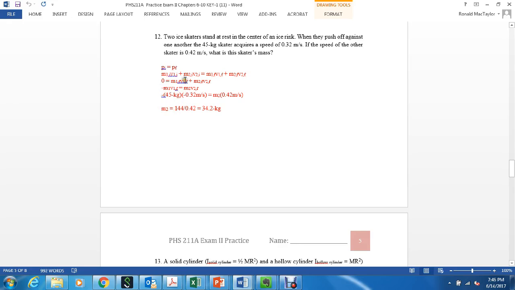So I'm going to say that one of these two speeds is negative. I just have to pick one. I guess I picked the 0.32 because it came first, and so first must be going in the negative x-axis.